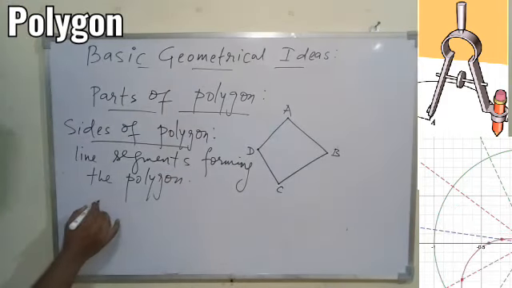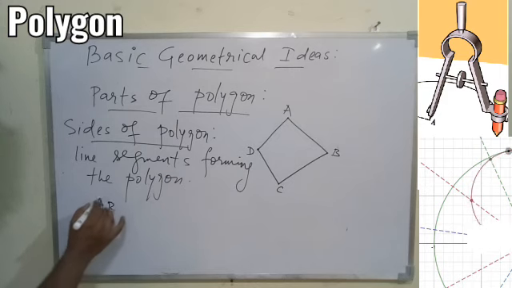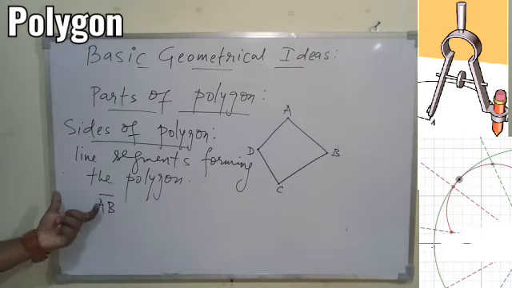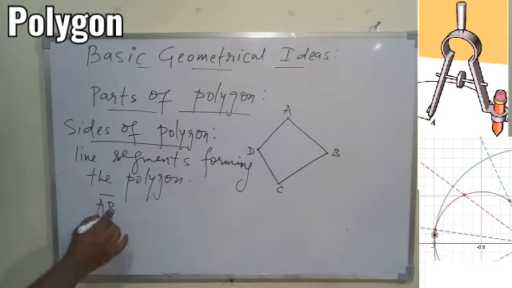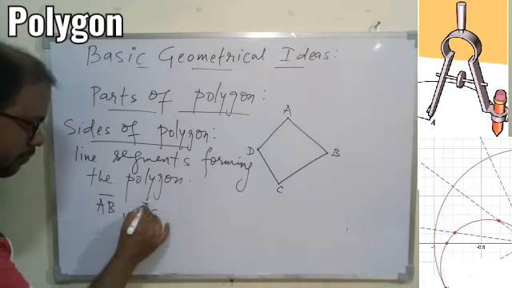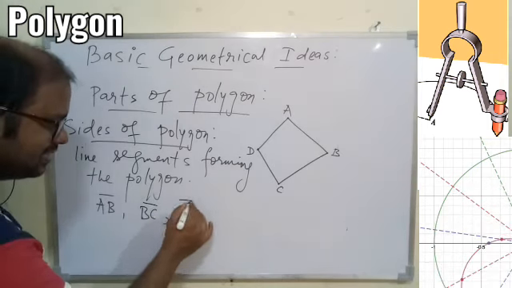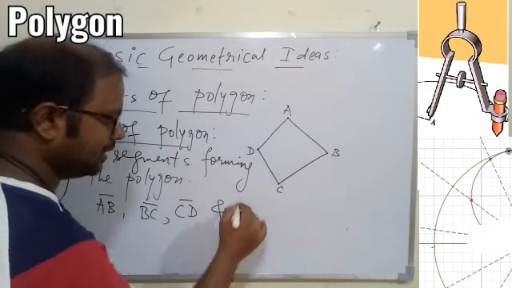So we have AB, one side, and you know how to show the line segment. AB, then we have BC, then we have CD, and the last we have DA.